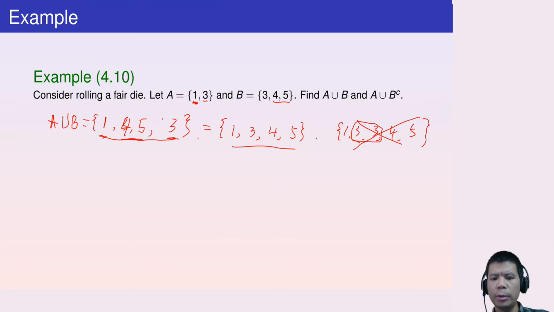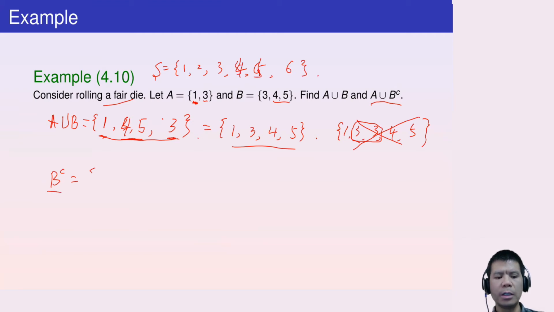Now, another thing is we want to find A union B complement. So in order to find the union of A and B complement, let's firstly find the B complement. So the sample space for a rolling die is going to be 1, 2, 3, 4, 5, and 6. Okay, so the B complement is going to be what? Everything that is not in B, that's 1, 2, and 6. So this is the complement of B, right?